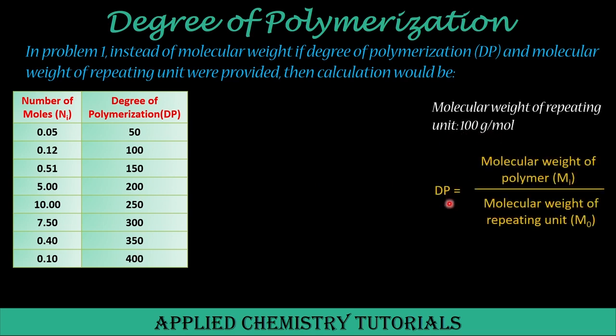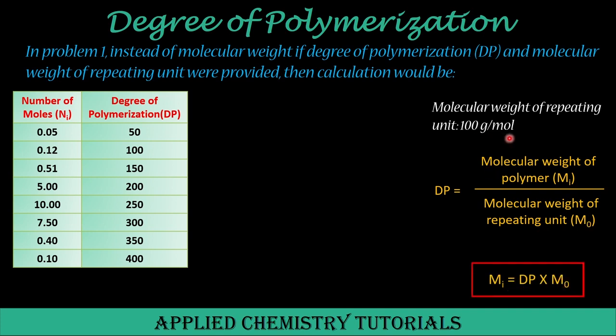Then to find out the molecular weight of polymer, that means the molecular weight of each fraction, you can utilize this formula. This is the formula of degree of polymerization, which equals the molecular weight of polymer, or Mi, divided by the molecular weight of repeating unit, or M naught. Therefore, Mi equals DP multiplied by M naught.